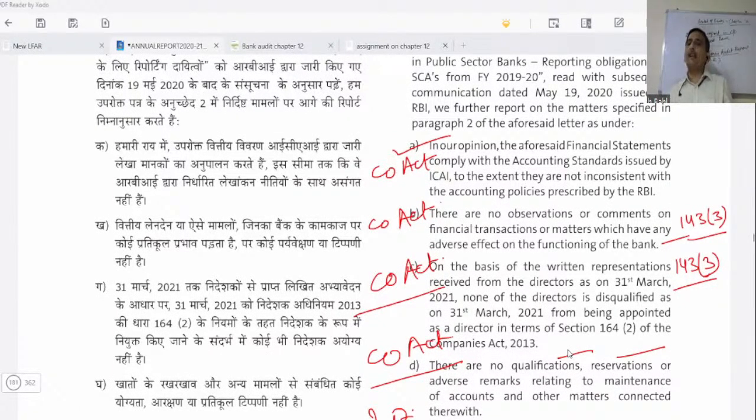So all these matters which are there in the Companies Act 2013, which are required to be included in an auditor's report, are also included in the audit report of a bank. Okay, guys. So is that clear? Is that clear to you, students?